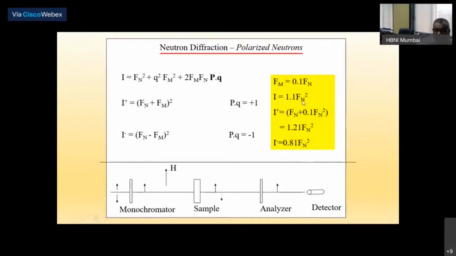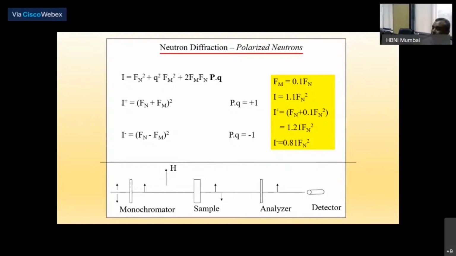This is when I do polarized neutron scattering, that means the neutron is coming with up spin and the sample is polarized in the same direction. How to do all these things I will tell you later when I explain the experimental part. But I can make a neutron beam of polarized spin plus or minus. That means I have plus coming or minus coming. How? I will tell you later.